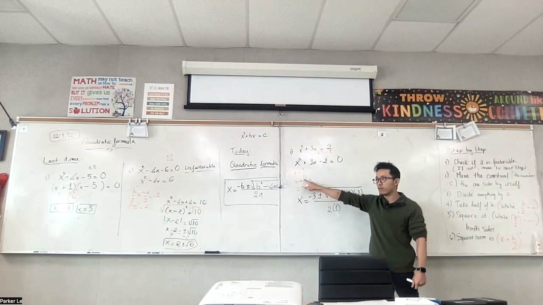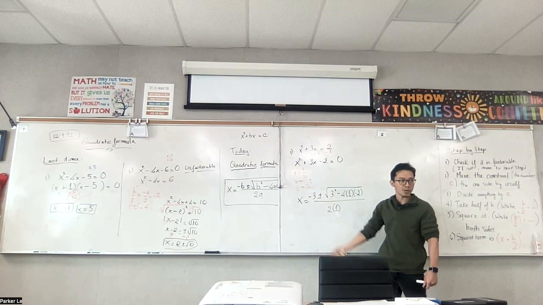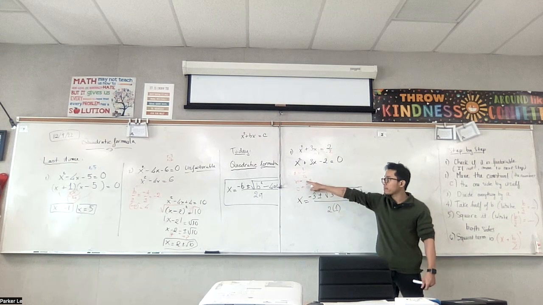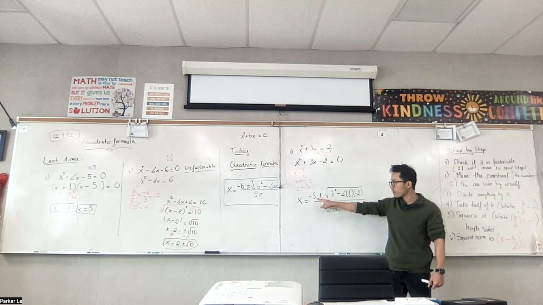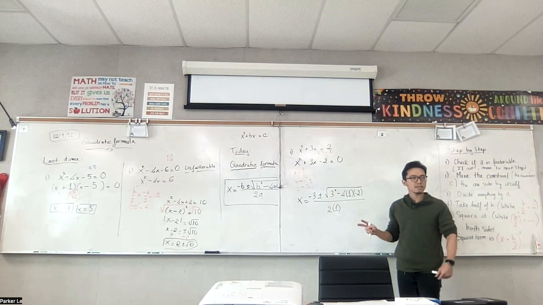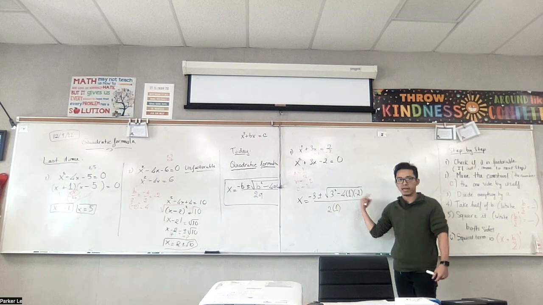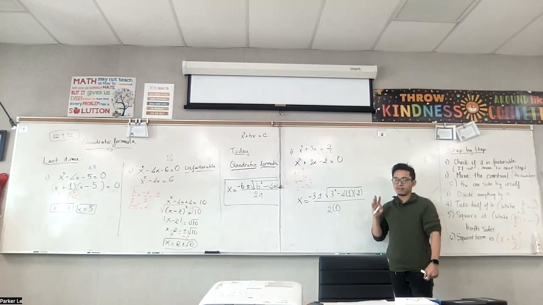If b is negative 3 already, it becomes minus negative 3, which becomes positive 3. So you always need to flip the sign of the b on the first one. Very good question. You only flip the sign of the b on the first one. And then the second common mistake comes from calculation. But on the test, I'm going to give you a calculator. So if you still make the mistake using a calculator, I don't know what to say.